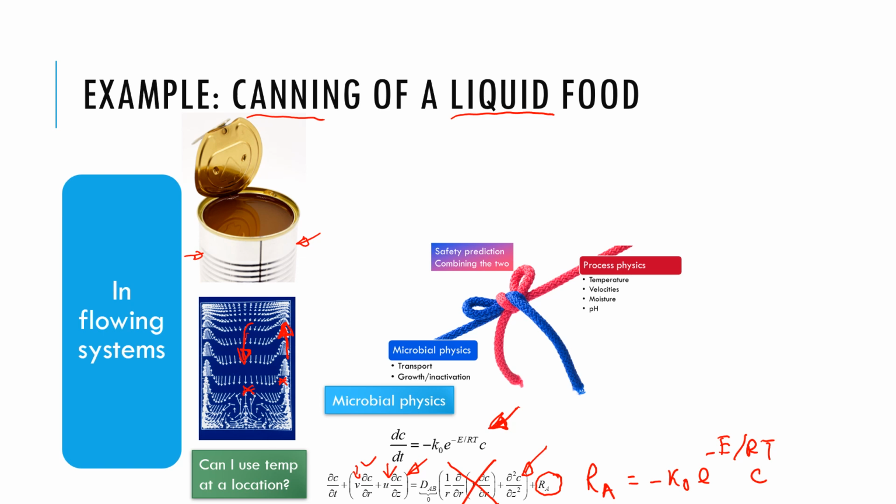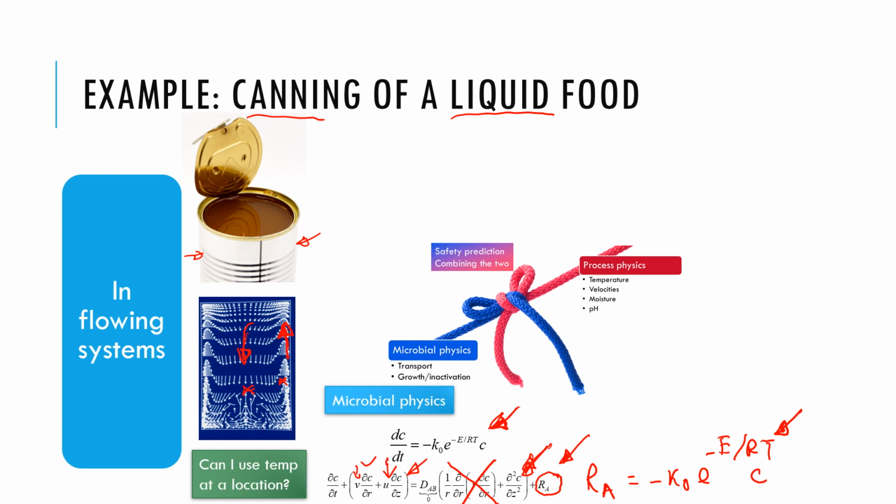Now notice two things. To be able to do this computation for the bacterial concentration as it changes with position and time, I need two things. I need the temperature of that bacterial species as it moves.